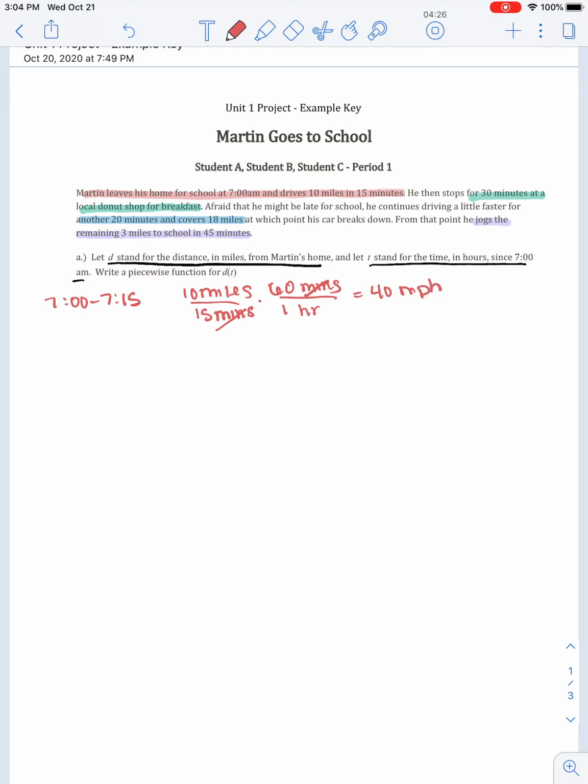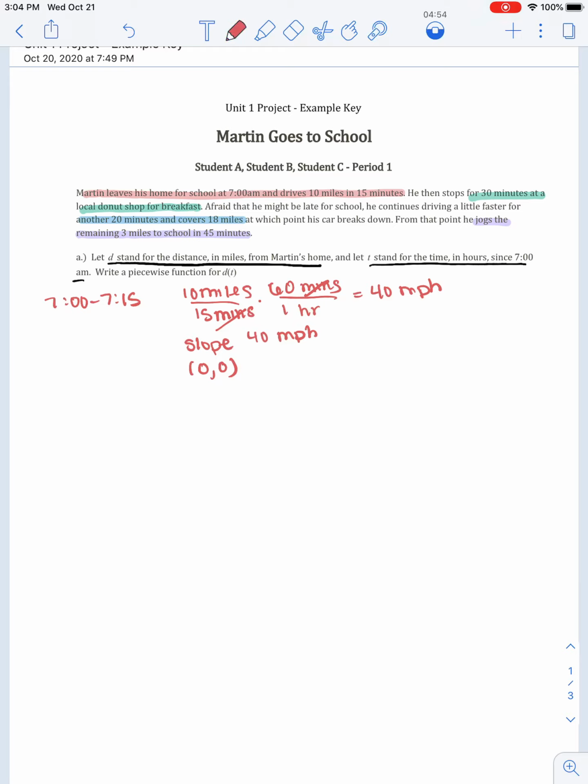Okay, so we have a slope, right? The slope is 40 miles per hour, and we have a starting point for this segment of (0, 0). Okay, so this piece I'm going to say starts at (0, 0). No time has passed since 7 a.m. if he hasn't left his house yet, and he hasn't accrued any distance from home if he hasn't left yet.